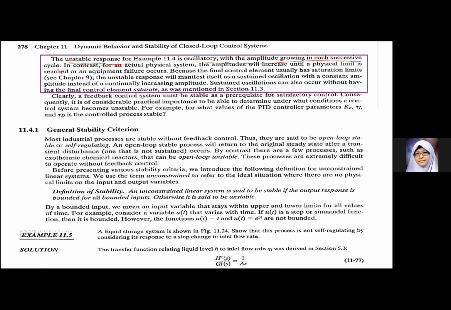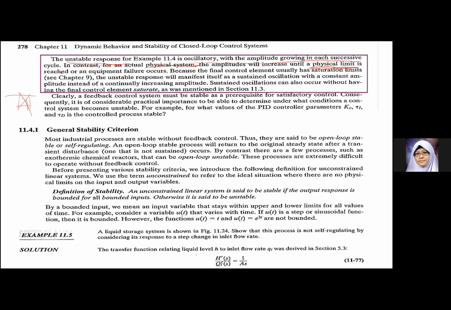But with an actual physical system, the amplitude will increase until there is a physical limit. If we do the mathematics, it seems as if it will grow and grow until infinity. But with real things, there's always a physical limit. For example, if you have a pipeline and a valve, the valve cannot open bigger than the pipeline.